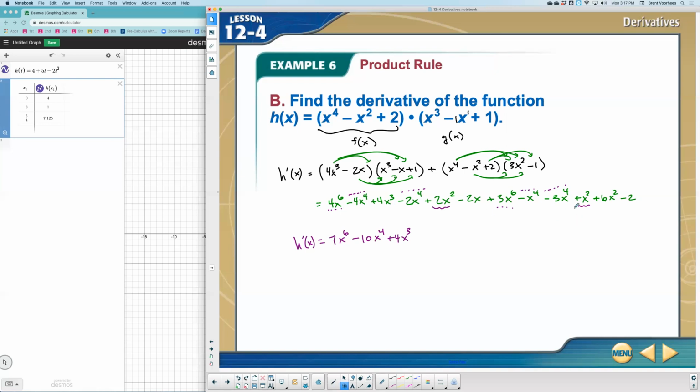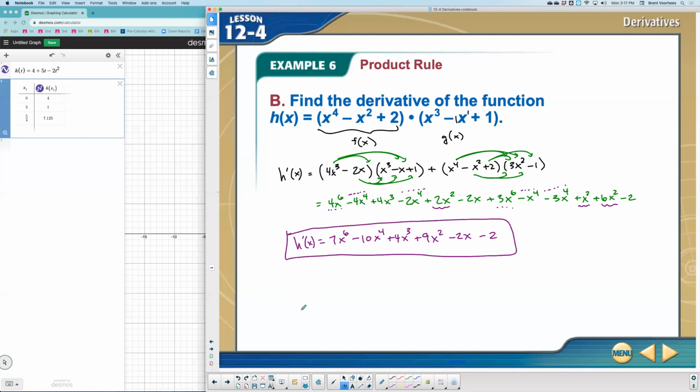There's another one that makes 3 x squareds. Add that one in, we have 9x squareds. Minus 2x and a minus 2. And I believe that's all my terms. So that would be my derivative.